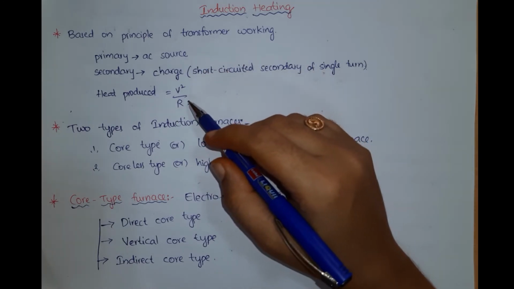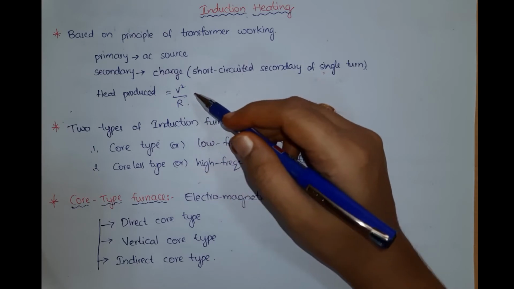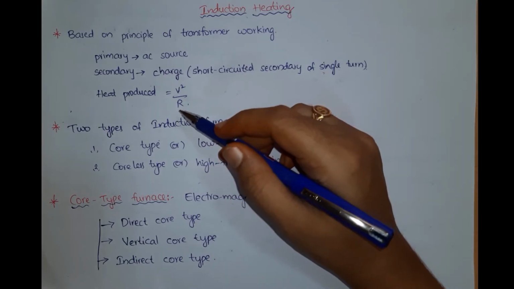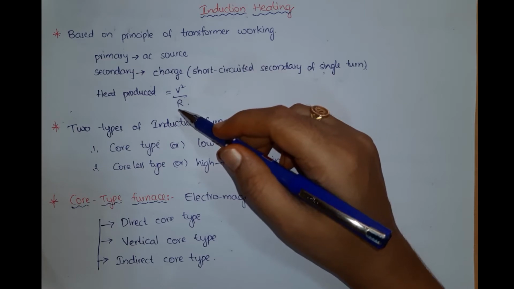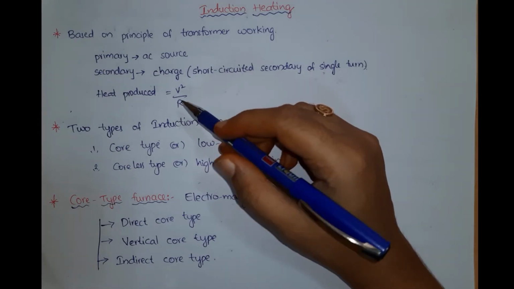So now when AC voltage is applied to the primary, it induces some voltage in the secondary, that is nothing but our charge. Now this secondary current heats up the charge in the same way as the work of electricity while passing through a resistance, right?